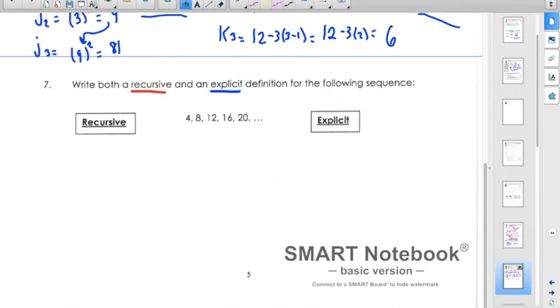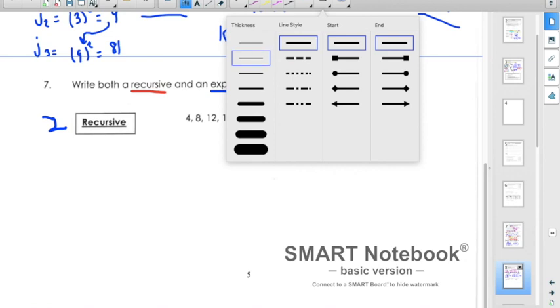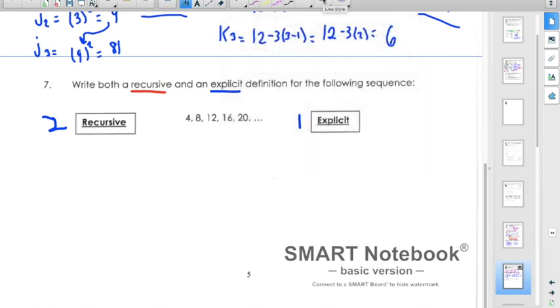And recursive, we're going to need to have two equations. So we're going to need two equations over here, and one equation over here.